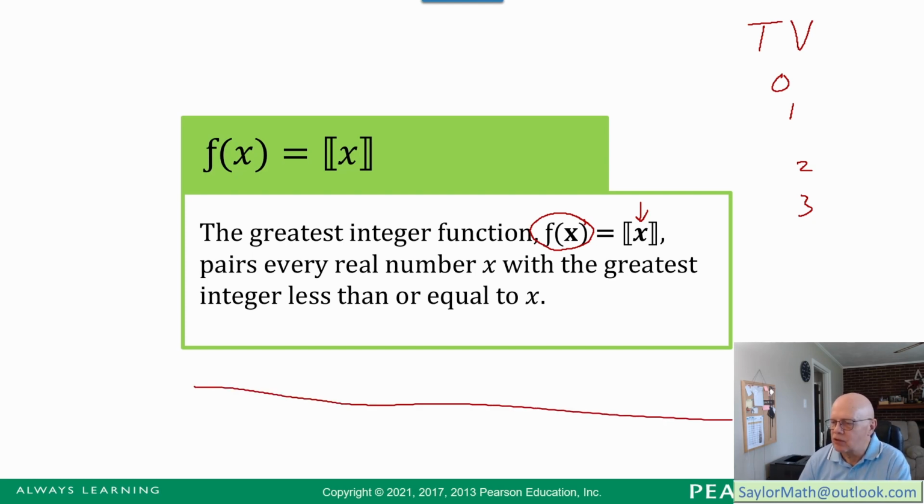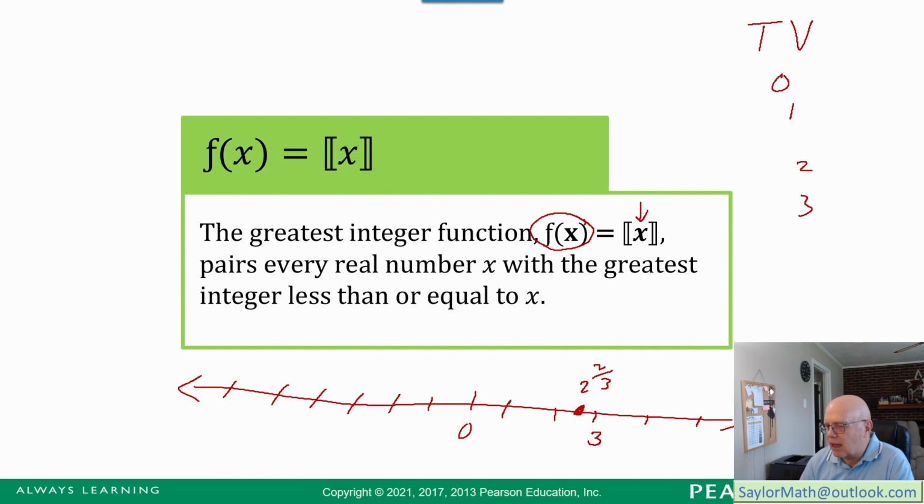Let's draw a number line here. Let's put a 0 in here and throw in some points. Okay, up here. Let's suppose this is a 3, and we're looking at this point right here, about 2 2/3 maybe.